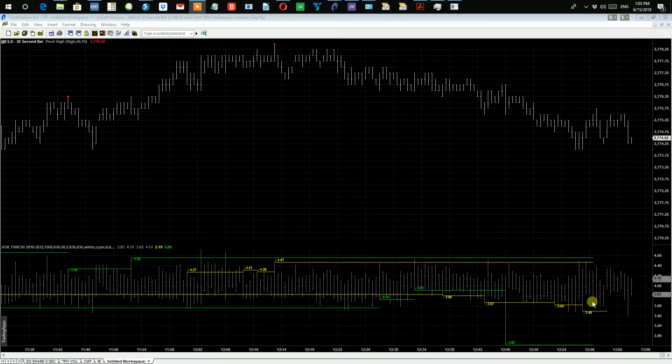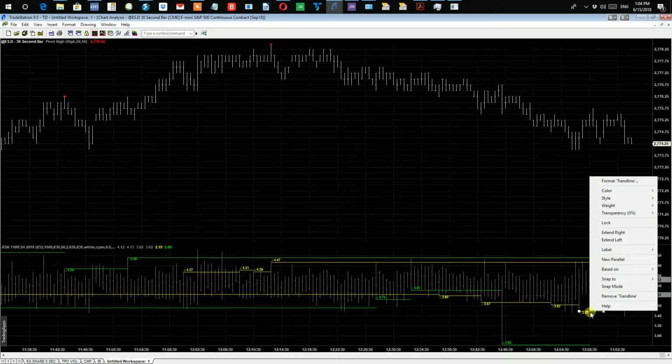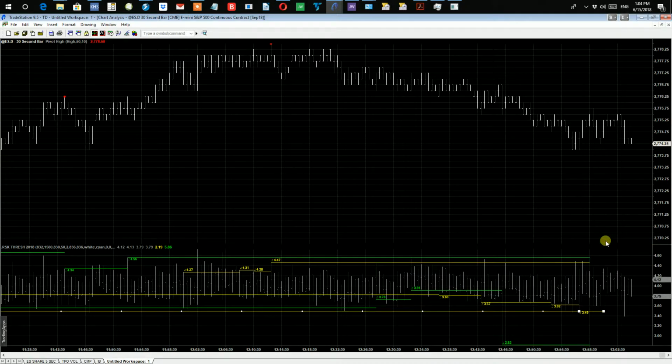Now, you don't have a read on this, but what you can do is extend this to the left to determine whether or not you were lower. And you can see you're actually a little bit higher.